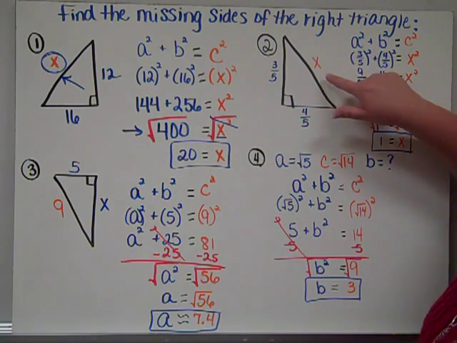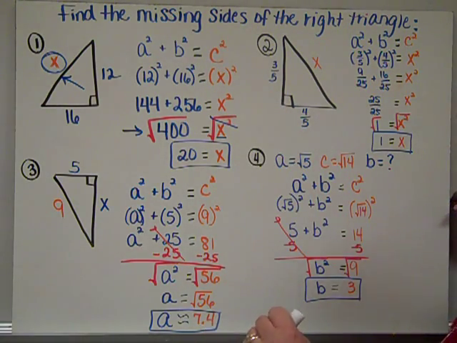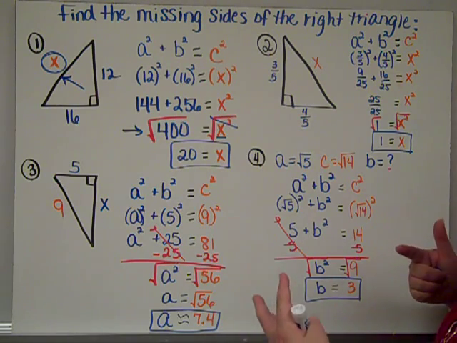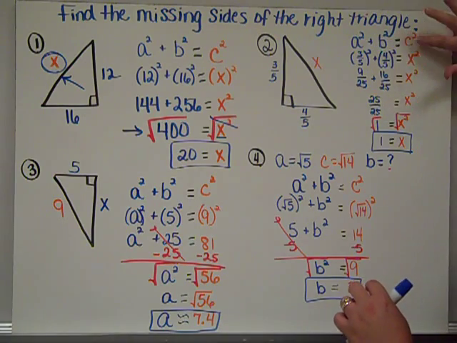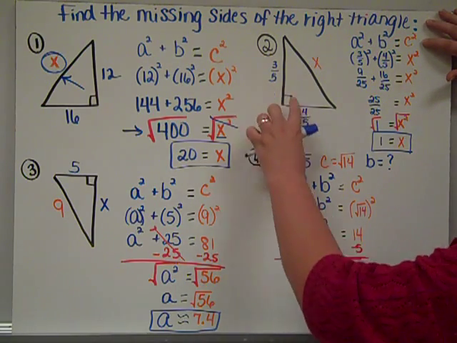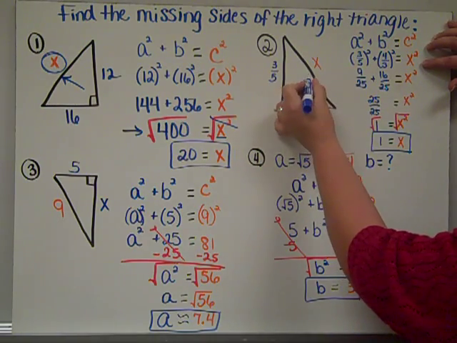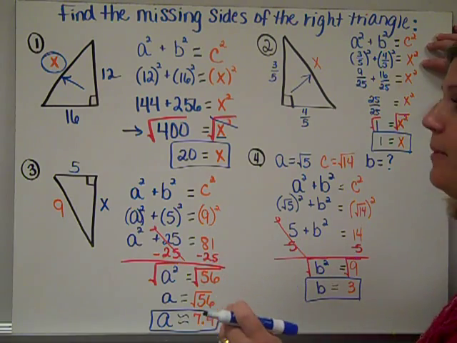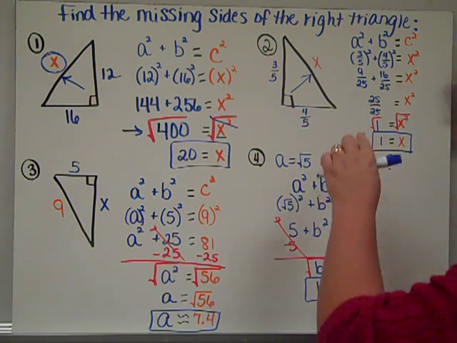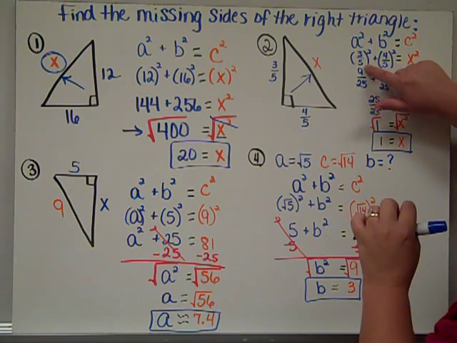Alright, example number 2. Here we have side lengths of fractions. Okay? It's okay, we're talking about small lengths of things that still form a right triangle. So I have a squared plus b squared equals c squared. So I plug in my legs for a and b. I know I'm solving for the hypotenuse c because I am opposite of the right angle. That is my hypotenuse. Now, once I square, remember I have to square my numerator and then square my denominator.